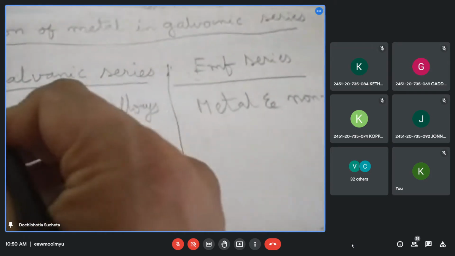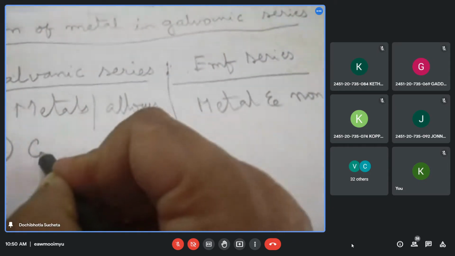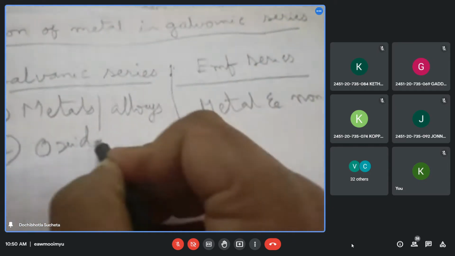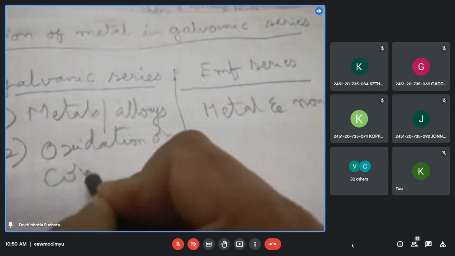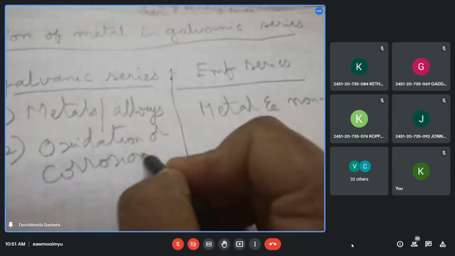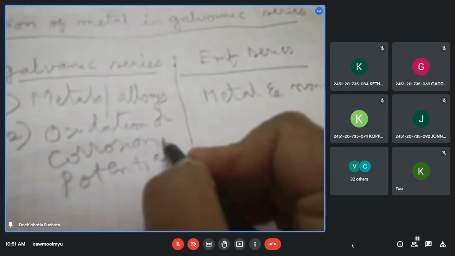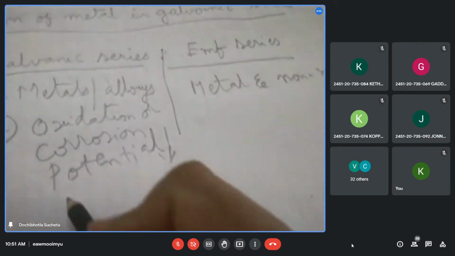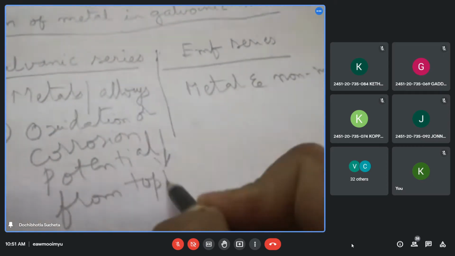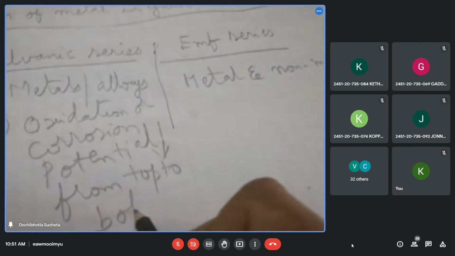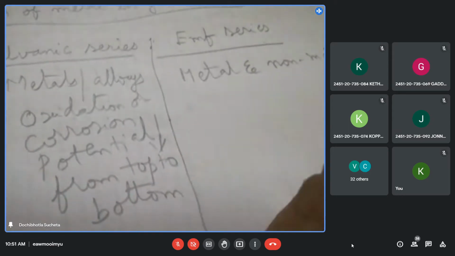Okay. Next. Oxidation or corrosion potential decreases from top to bottom. That means the metal on the top will be corroding faster than the metal at the bottom.